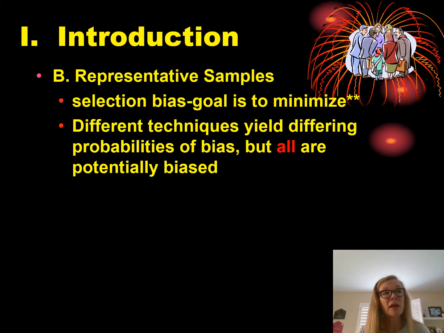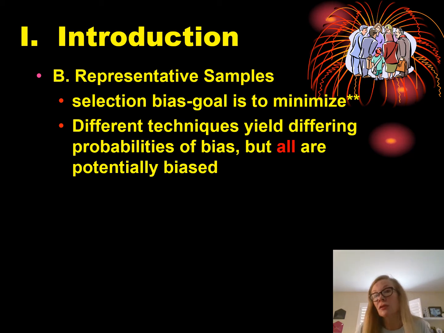Okay, I want to say that again because it's very, very critical. Selection bias means that there's some systematic process that you're using in selecting your participants that is resulting in a non-representative sample. In other words, your procedure is non-random, okay? If you are using a biased sampling procedure, it doesn't mean you're being mean.